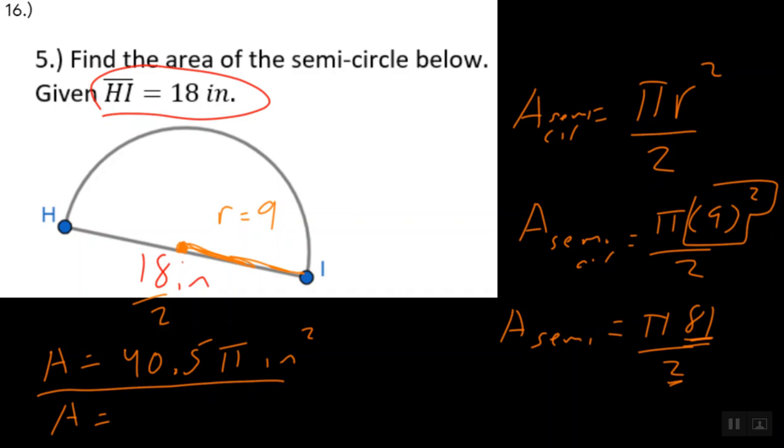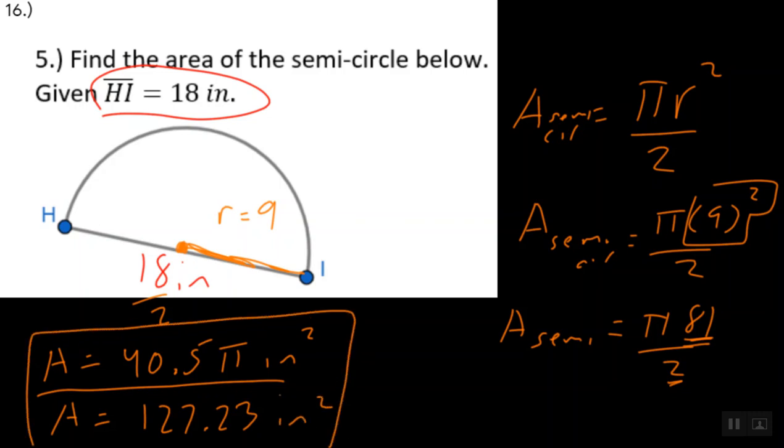Well, let's see. 40.5 times pi will give us 127.23 inches squared. So once again, you have to understand, what is the answer choice asking for? Is it asking for the answer in terms of pi, or is it asking for the decimal approximation? And you can go take a look at that.